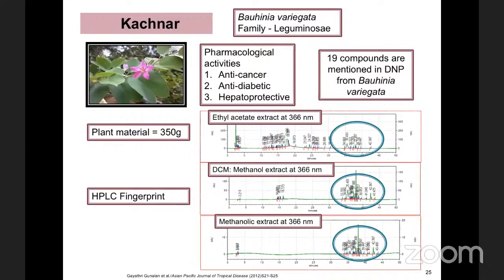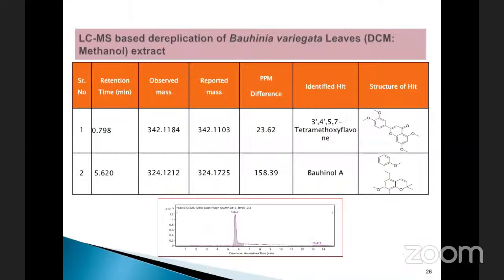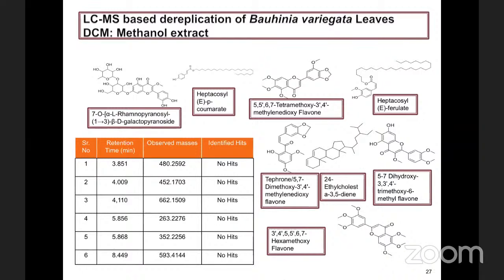Now we have also generated a fingerprint, which is the HPLC fingerprint, to see what kind of compounds are there in this particular fraction. Now we did LCMS based dereplication, which is HRMS based, and we identified the hits along with the ppm mass errors.